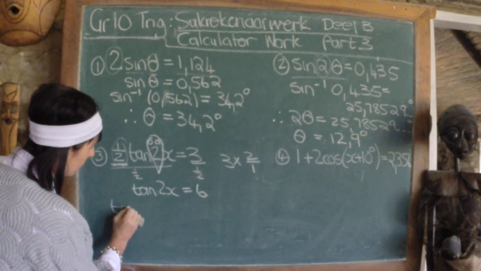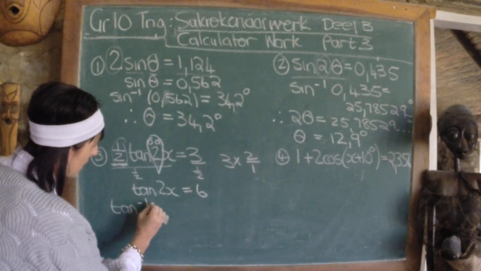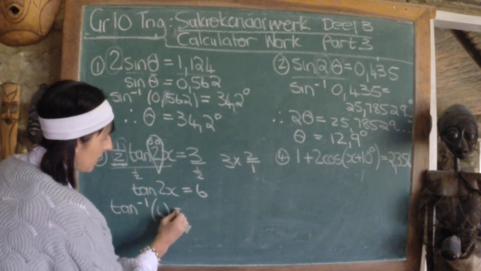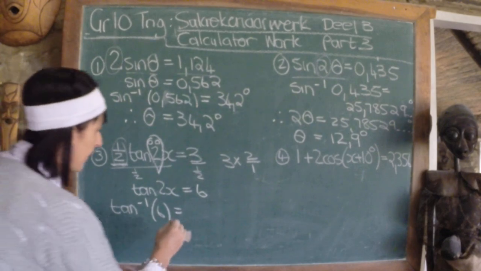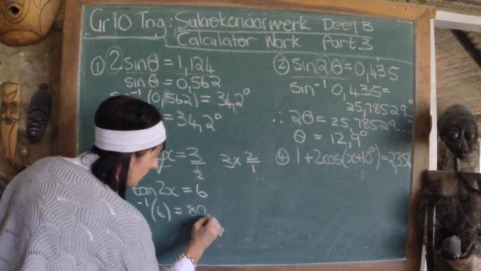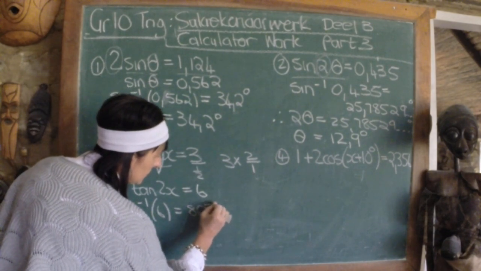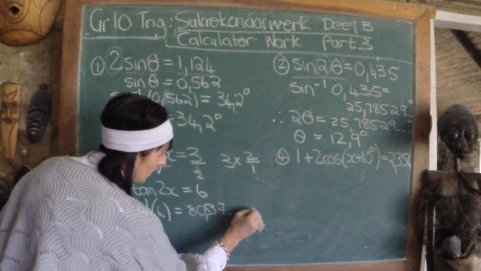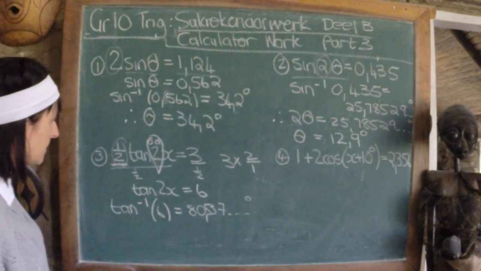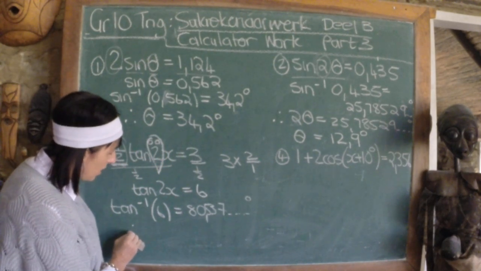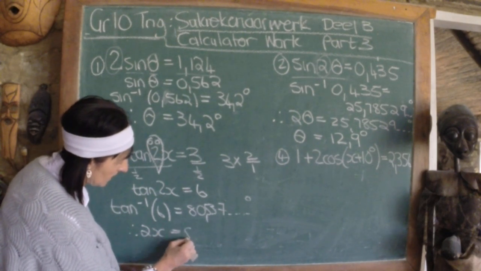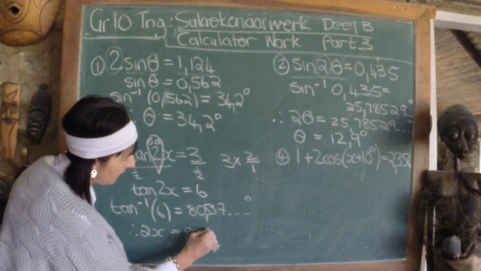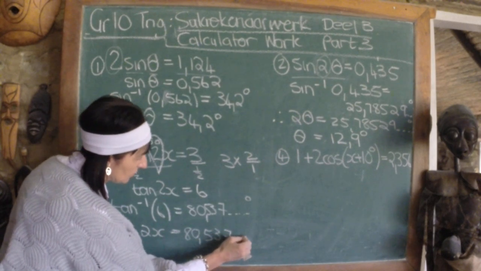Now I'm going to put my calculator in reverse mode of 6, and that's going to give me 80,537, and you must write out the whole answer because that's the answer of 2x. 80,537.